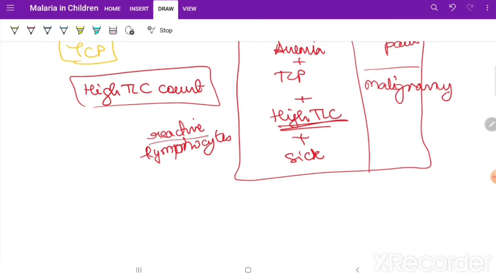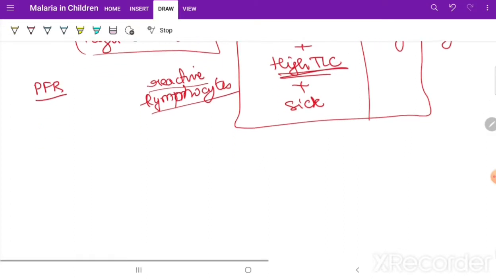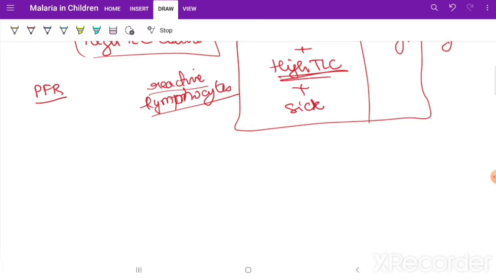So we went on, and when they did the smear it came positive, malarial falciparum, we got plasmodium falciparum ring form positive. And when we gave the treatment to the child, immediately this TLC count fell.